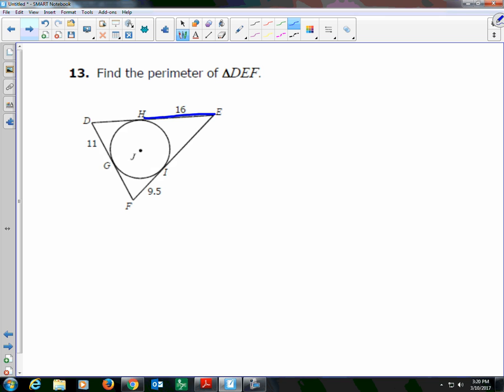So if EH is 16, then EI is also 16. If IF is 9.5, then GF is also 9.5. And if DG is 11, then DH is also 11. And if I add up all of these values, I will find that the perimeter is 73.